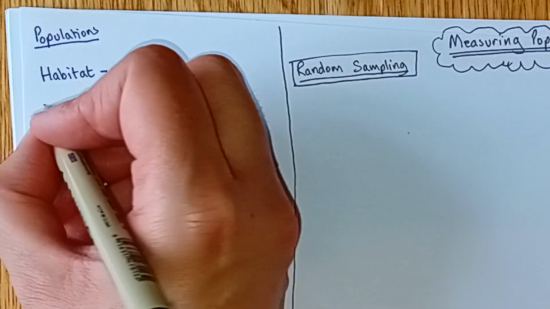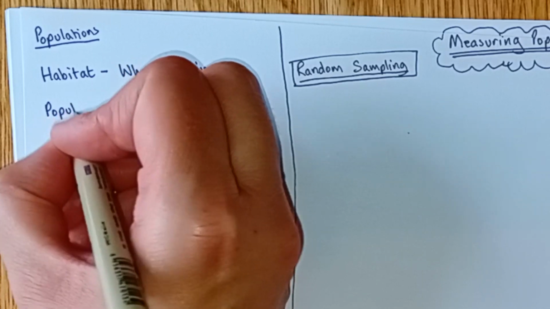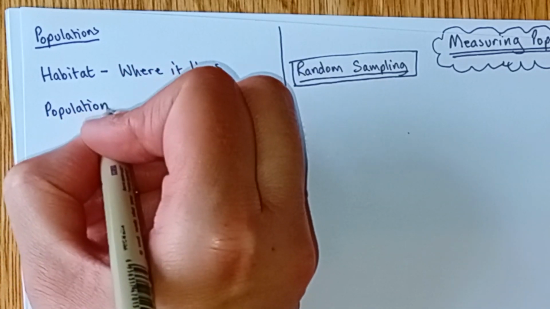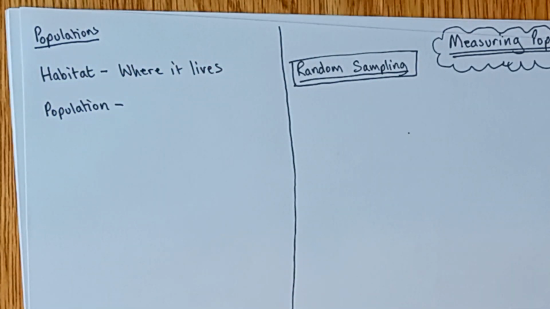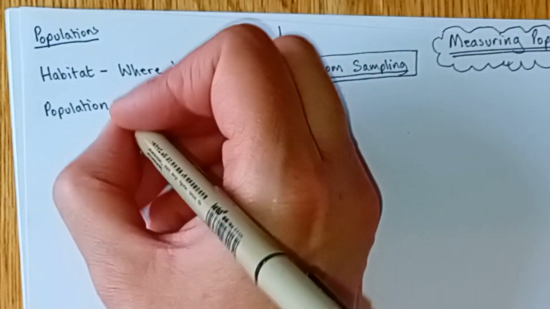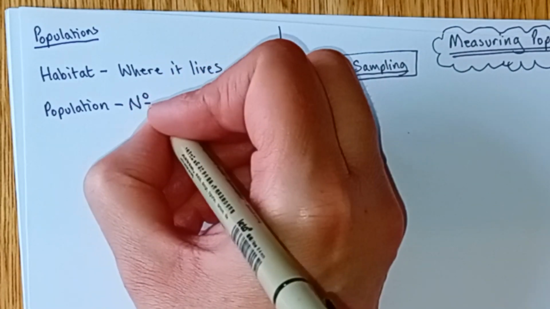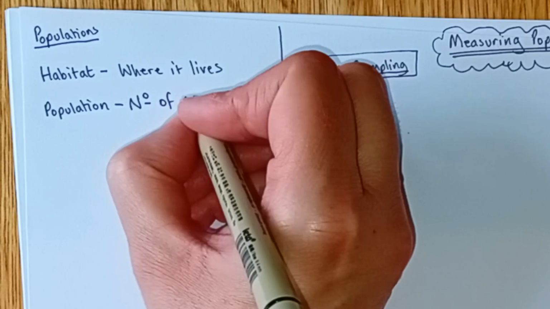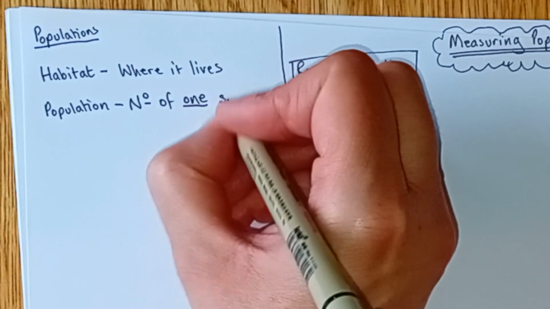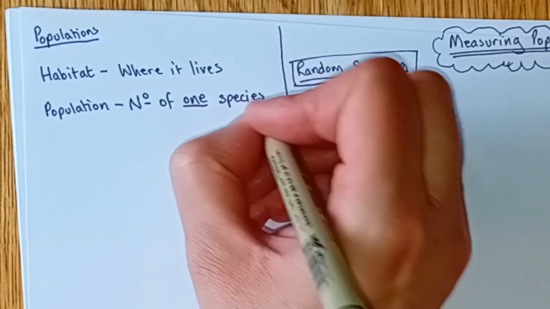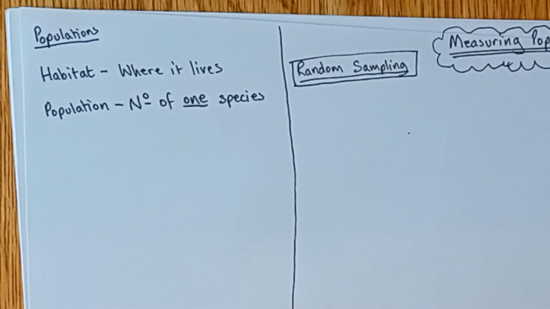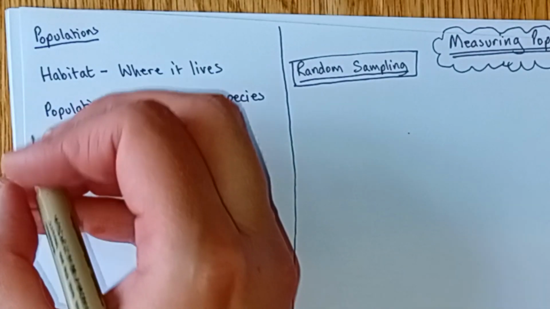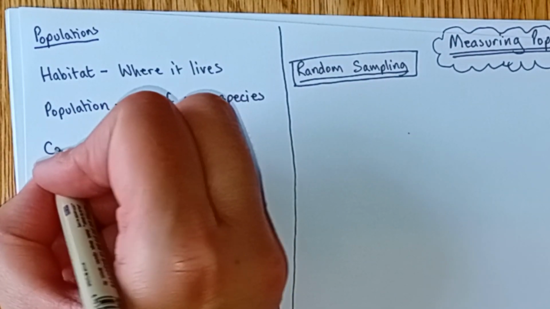We need to know the term population, which is the number of individuals of one species. So all the oak trees and all the beech trees and all the pine trees, not the total number of trees, species of trees.